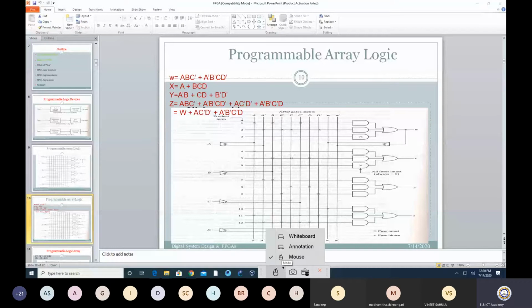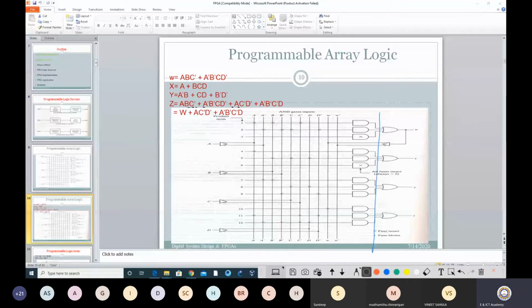Over here we have an OR gate and then we have an AND gate, the output of the AND gate going to the input of the OR gate, where there is no programmability. The programmability is possible at the input of the AND gate, where there is an intersection point, where the horizontal and vertical lines are intersecting with each other.